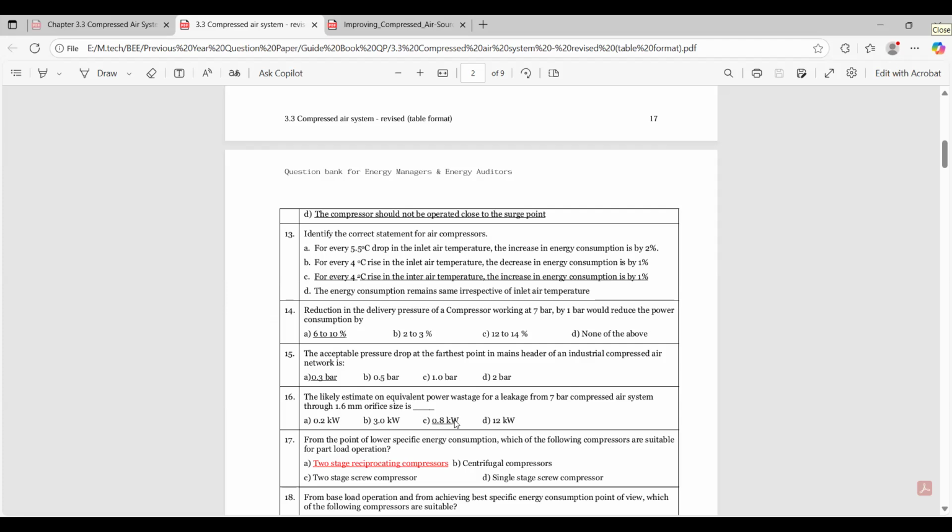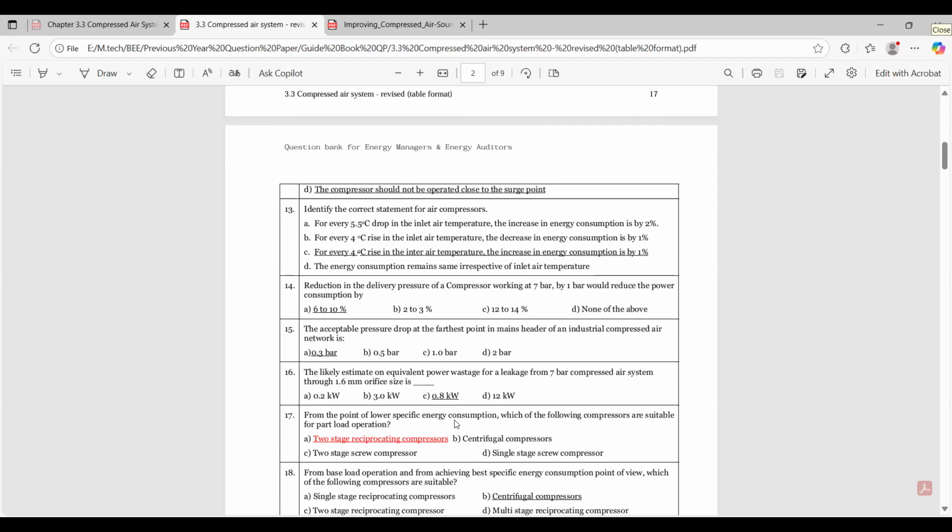Calculations have to be done for this estimate, but it is approximately 0.8 kilowatt. From the point of view of lower specific energy consumption, which of the following compressors are suitable for part load operation?